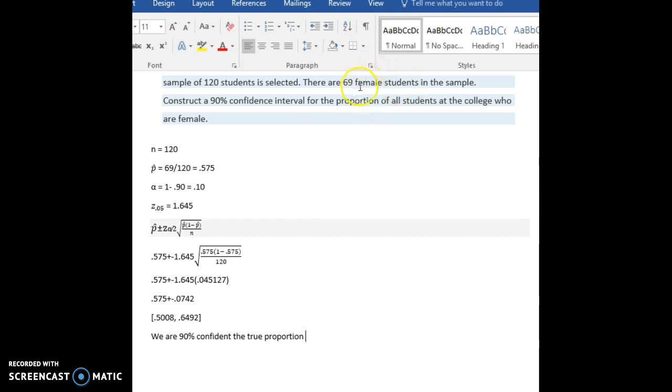So this is the proportion of female students at this college. We are 90% confident the true proportion of female students at this college is between 0.5008 and 0.6492.